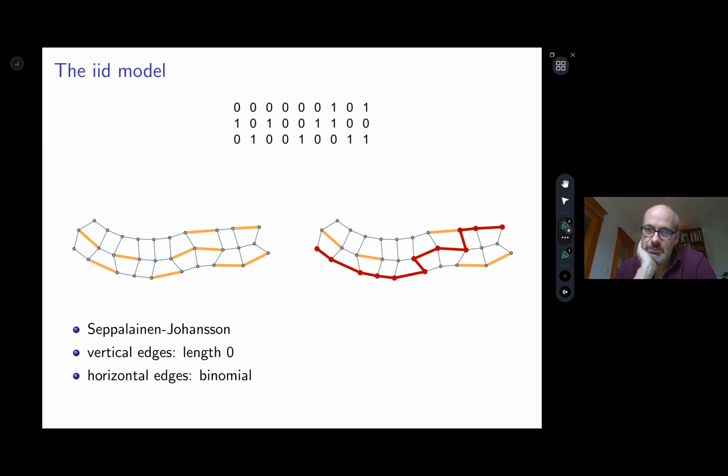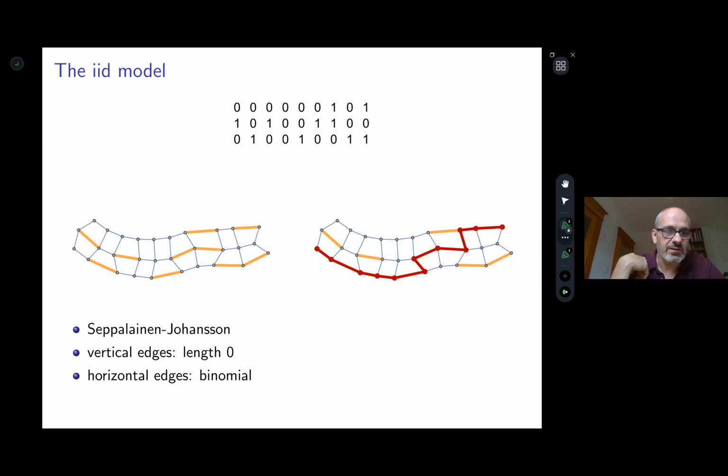So this is called, by the way, the Seppäläinen and Johansson model. It's Timo Seppäläinen who found that there are various beautiful properties of this model that allow you, for example, to determine the limit shape. And then Johansson analyzed it, actually finding the Tracy-Widom distribution also in this specific model.